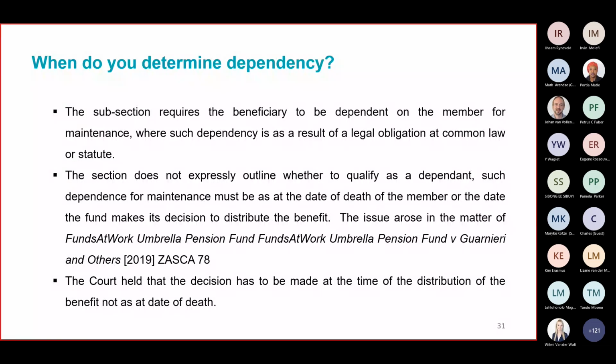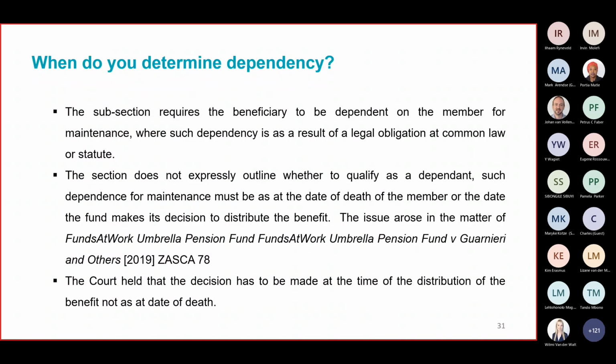The question also arises, when do you determine dependency? This subsection requires the beneficiary to be dependent on the member for maintenance, where such dependency is as a result of a legal obligation at common law or statute.